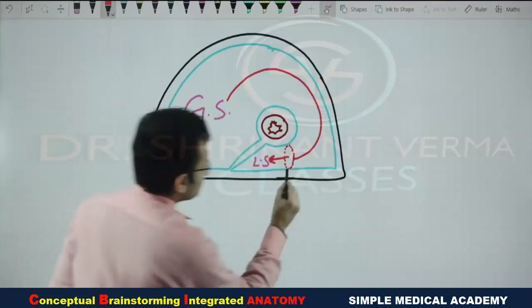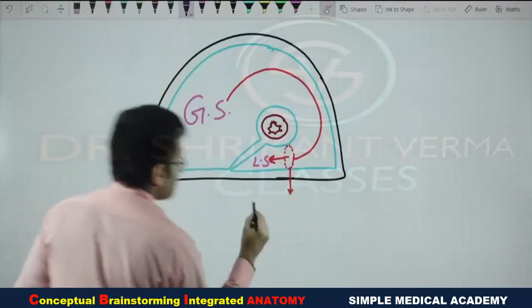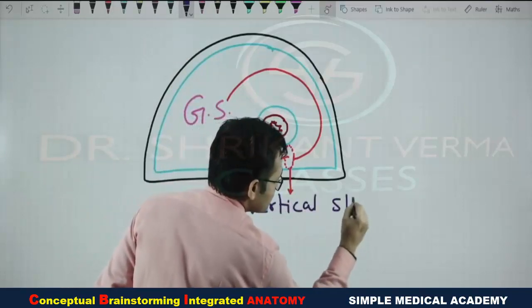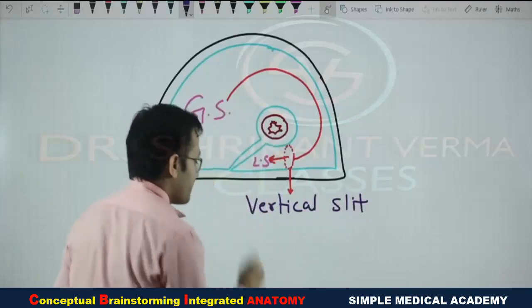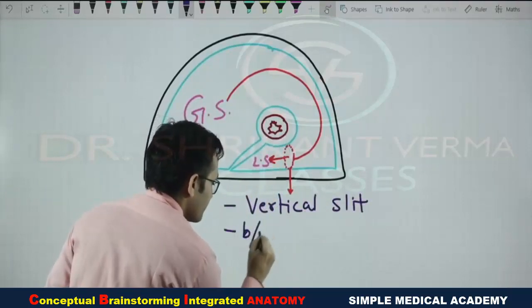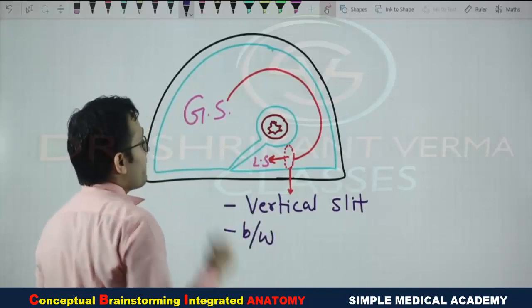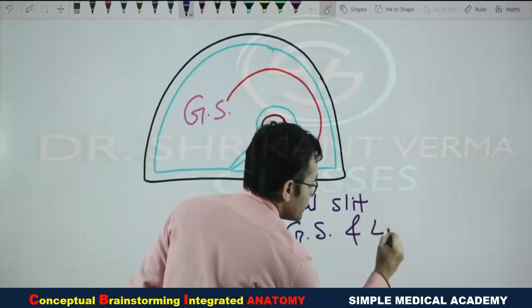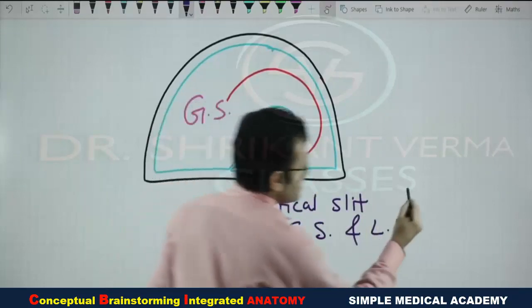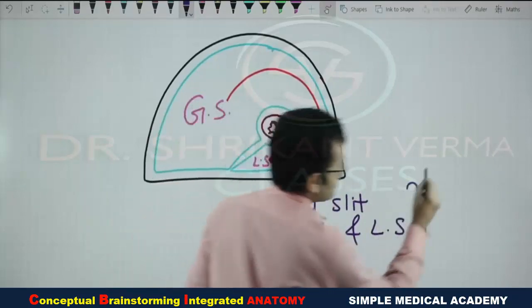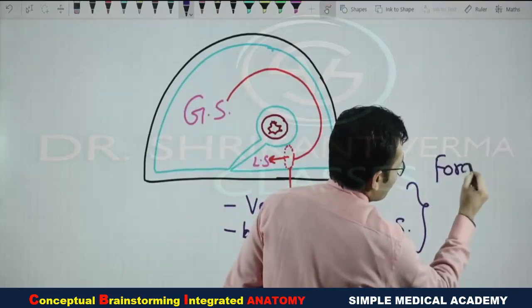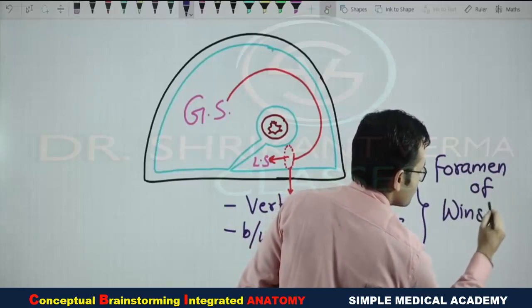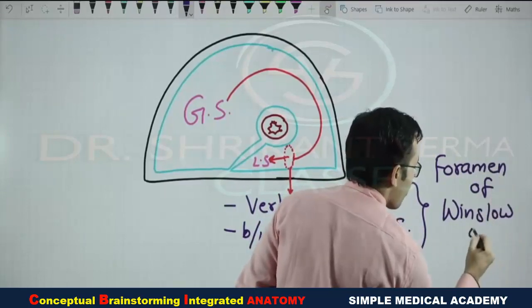Yes. This vertical slit communicating between greater sac and lesser sac is known as foramen of Winslow.